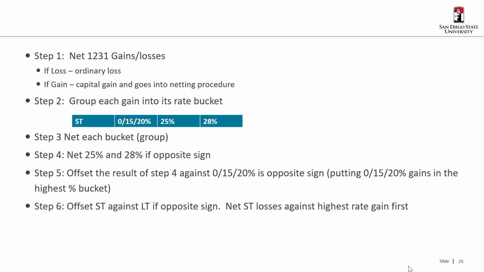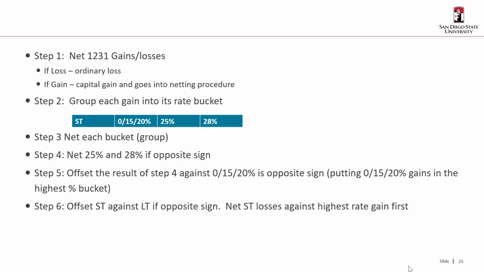If they're of the same sign, you don't do anything. When you net them, the larger absolute value always swallows the smaller absolute value. You take the result of step 4 and net that against 0, 15, 20 if of the opposite sign, putting anything from 0, 15, and 20 into the highest percent rate bucket first.